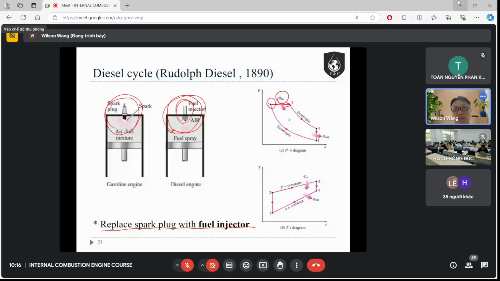But the difference is that during the heat input, the pressure is constant, and during the heat output, this is a constant volume process.